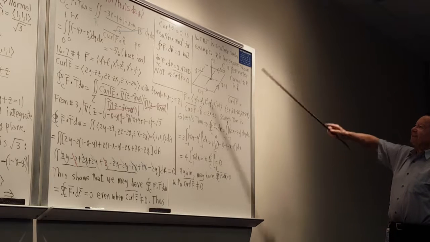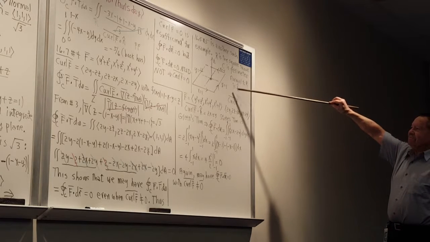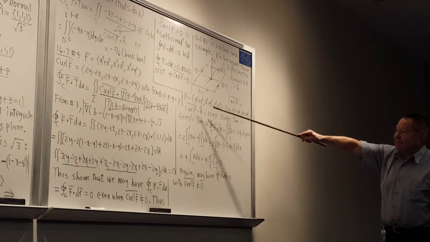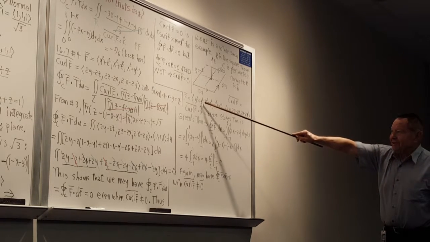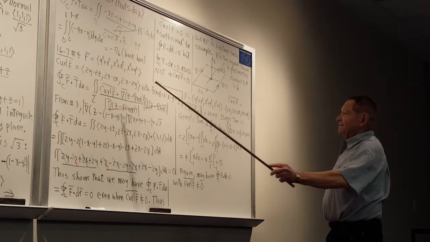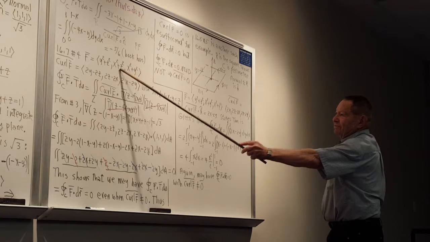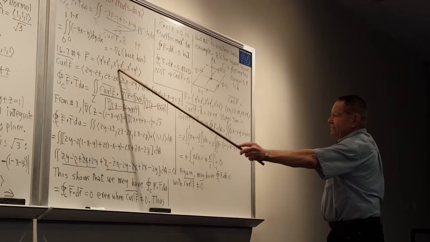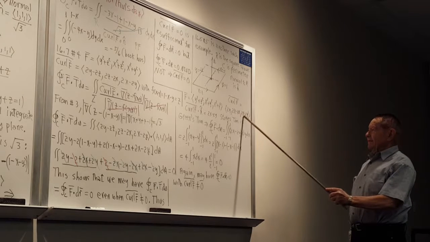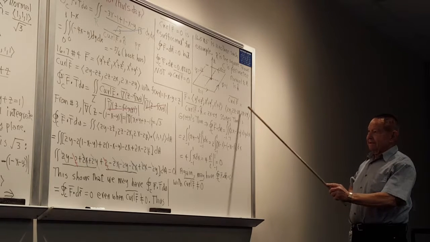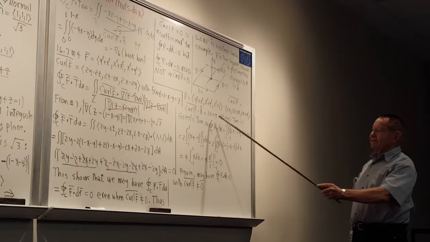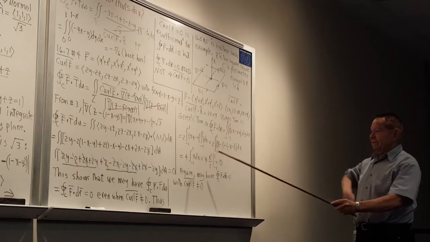So the normal's k, and it's a parameter. Here is our field. It isn't quite the same as the one in problem 4. This is different. So you do your curl, and you get this, and then you dot with k, and so all you have really is the k component.